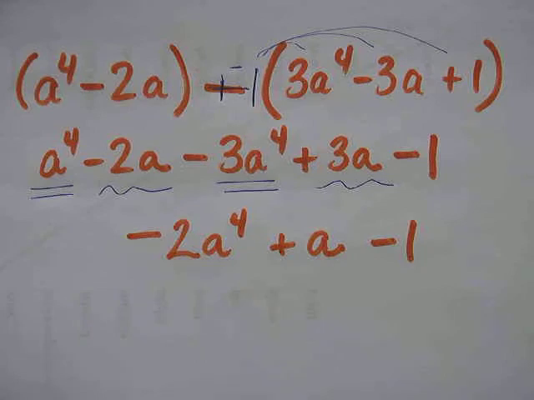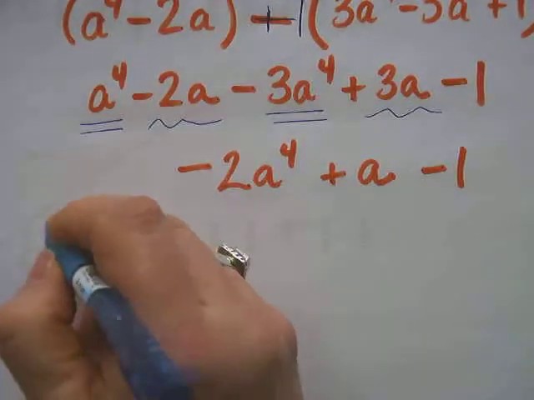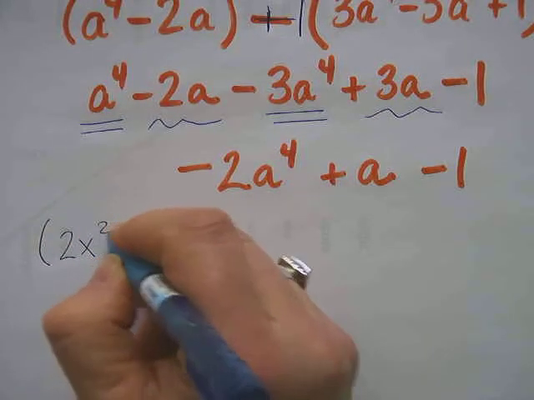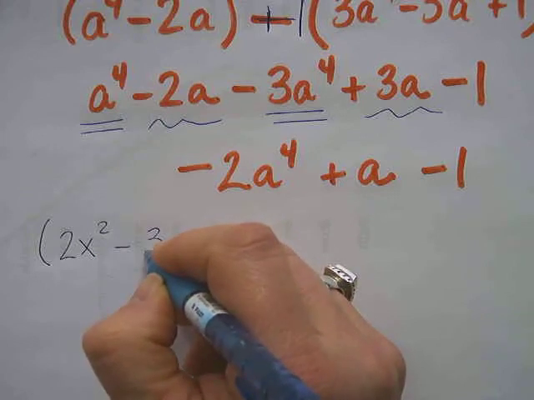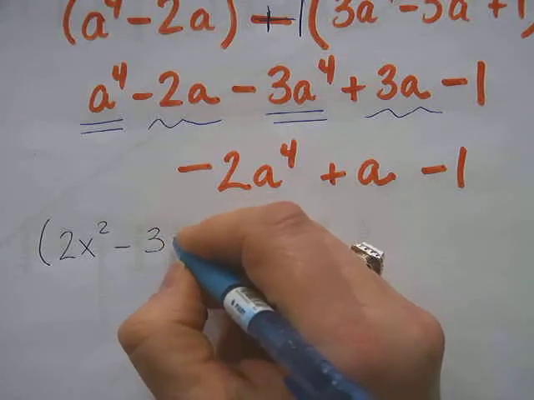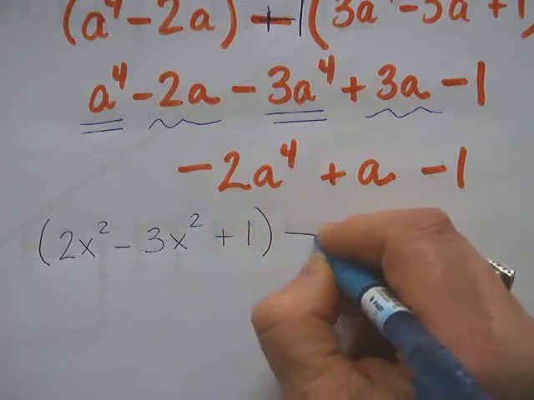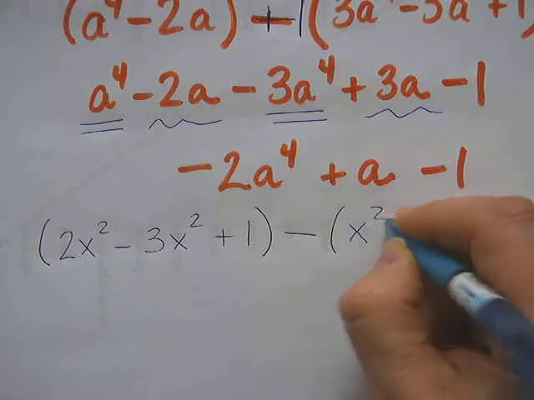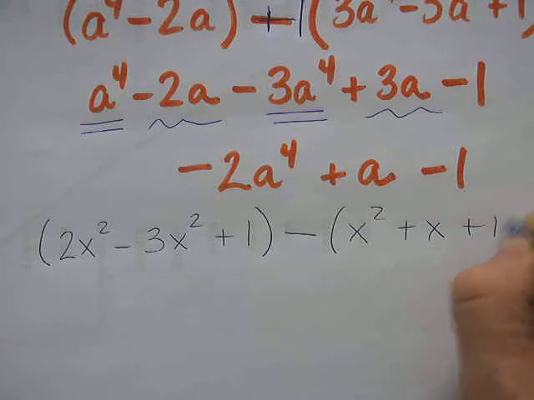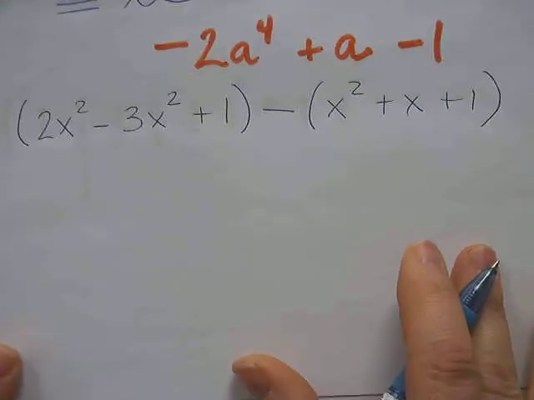So I'd like you to try these three problems. 2x squared minus 3x squared plus 1 minus x squared plus x plus 1. So please write down and solve that one.